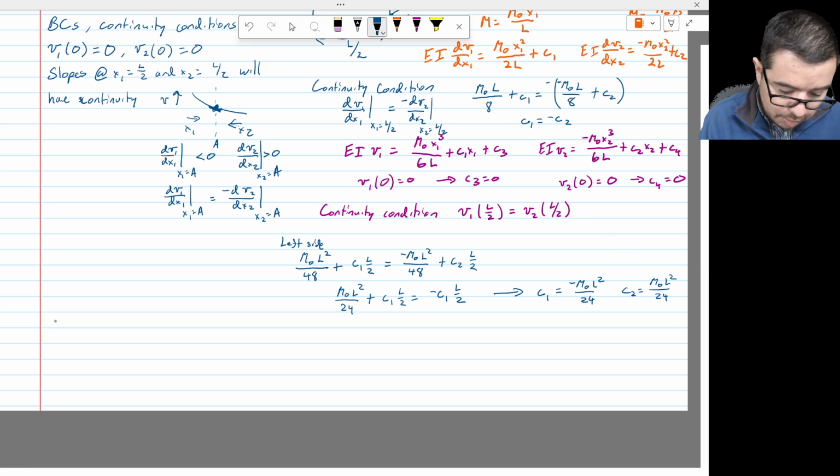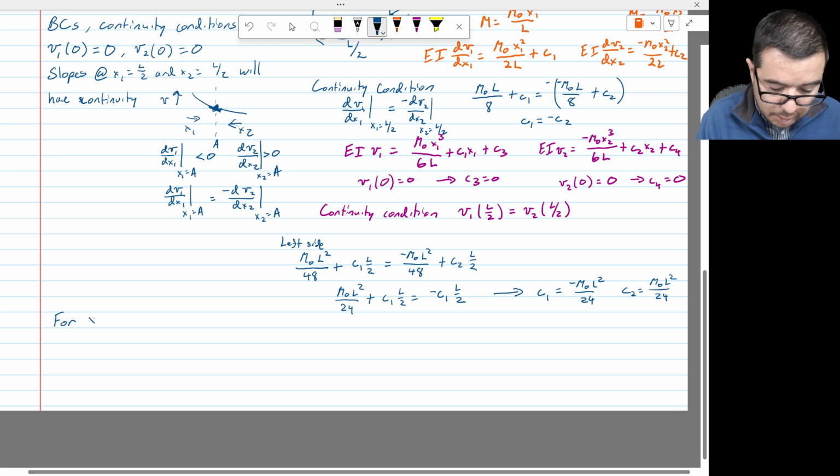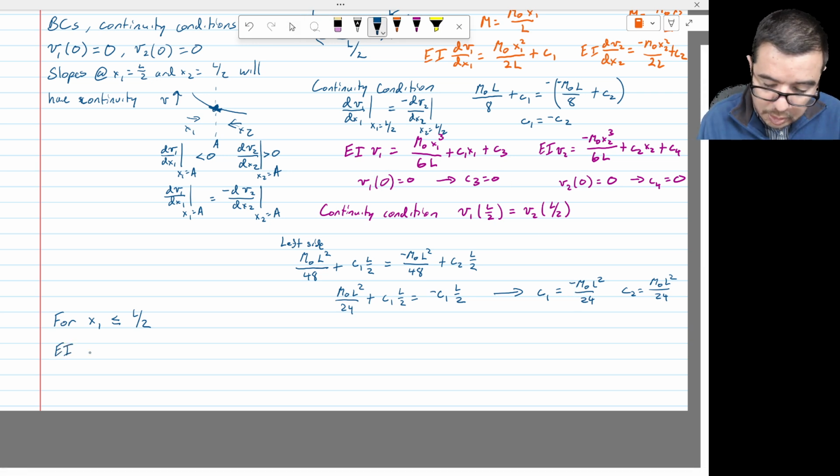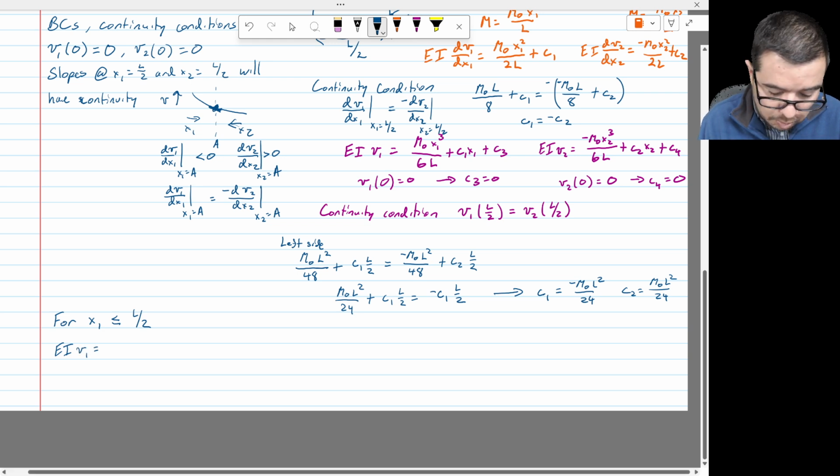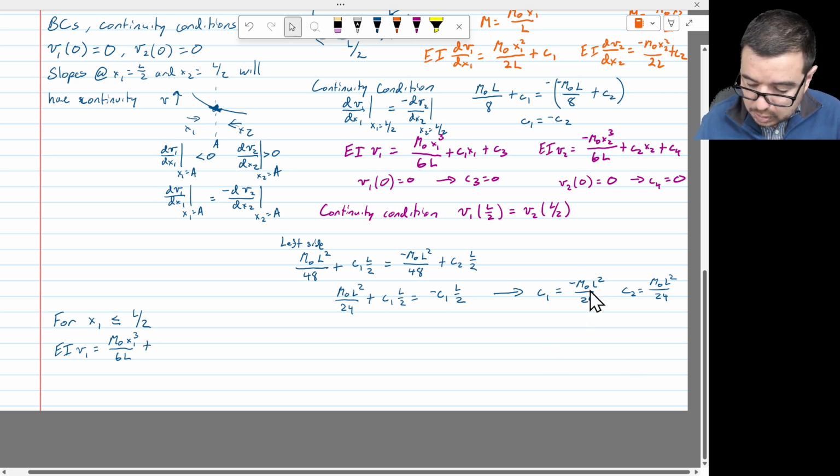For x1 less than or equal to L over 2, we can write this expression right here: EI v1, little v1, is equal to m naught x1 cubed over 6L plus our C1, which is minus m naught L squared over 24 times x1.